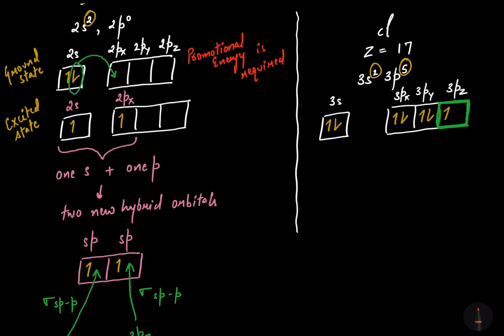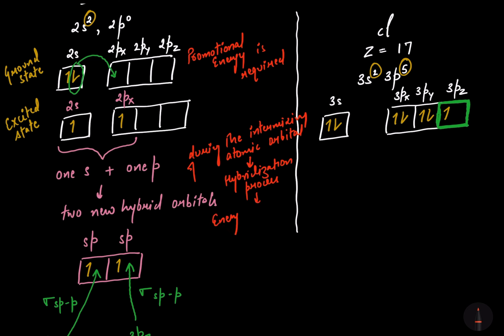And on the other hand, during the intermixing of atomic orbitals, that's called the hybridization process, energy is required, or we can say consumed. Here also required or consumed.